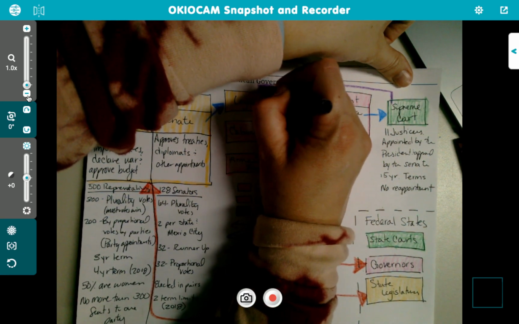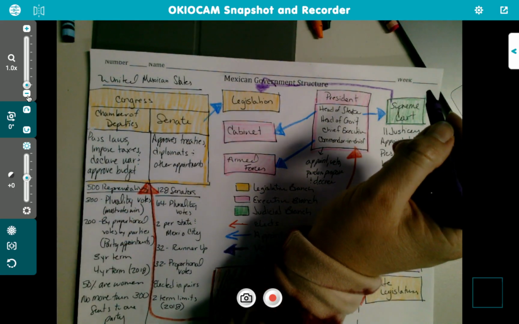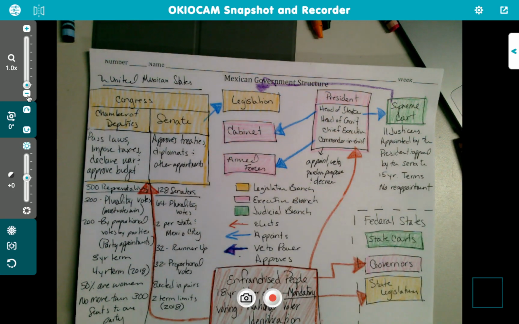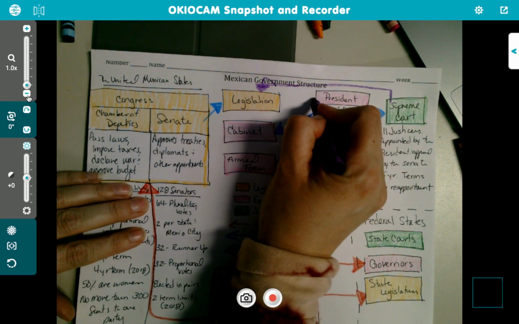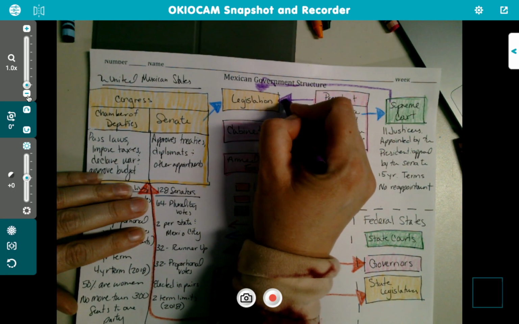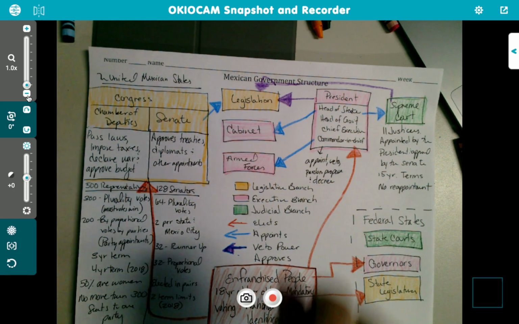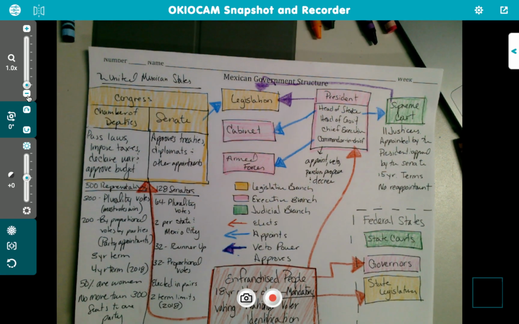If they get to veto legislation, it obviously means they have what? Judicial review. The president also can veto legislation. Very similar to our structure as well. And those are the 2 veto powers. Okay. I'm going to use black for approves.